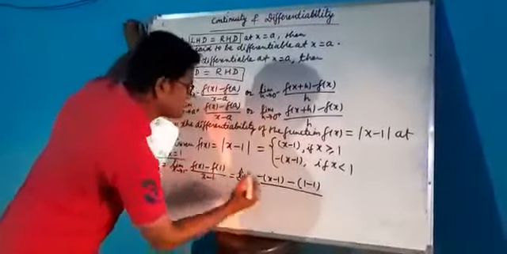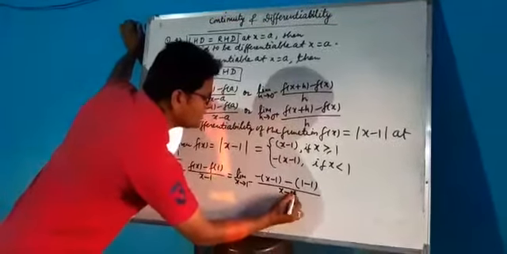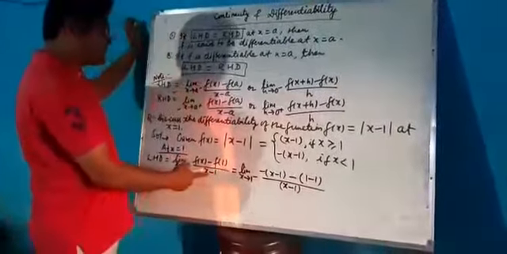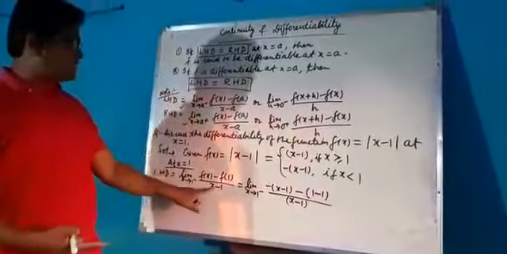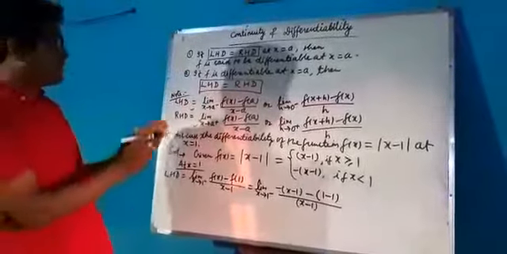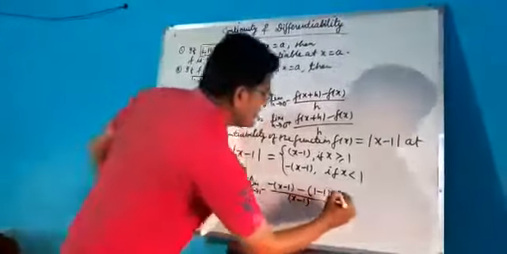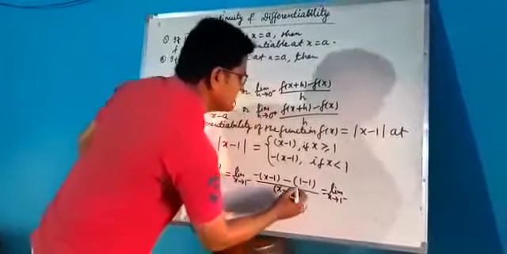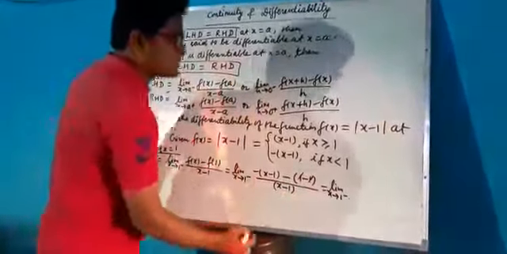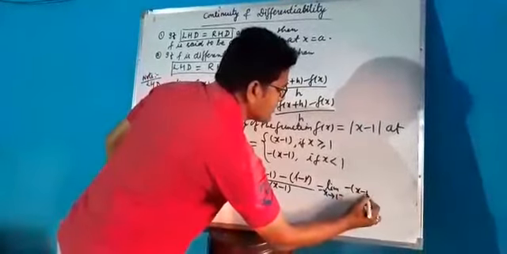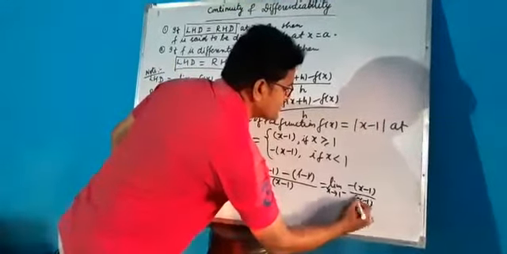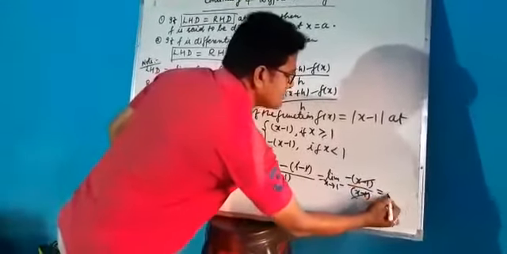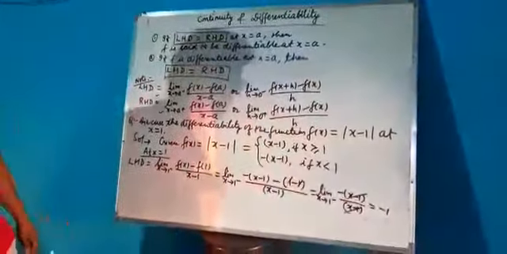By x minus 1. No need to put the value here because here it is not the function, it is just directly the linear factor. We have to utilize it. Now it is equal to limit x tends to 1 minus, see 1 and 1 cancelled, it is minus of x minus 1 over x minus 1. So both are cancelled, it is equal to minus 1. So the result is minus 1.